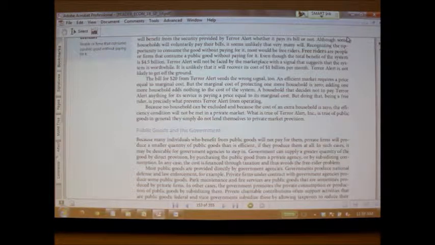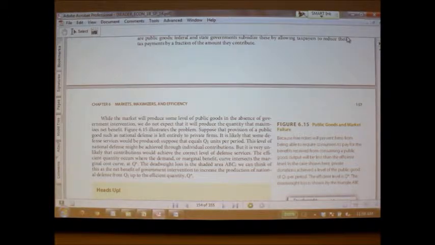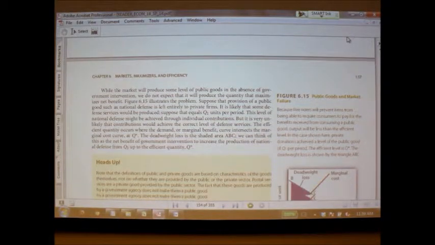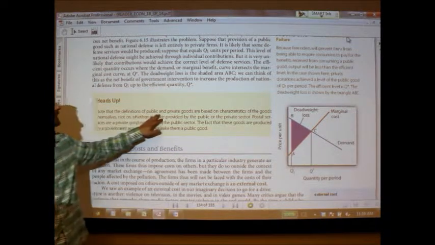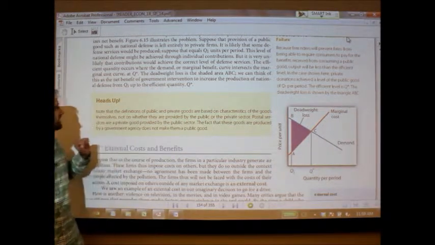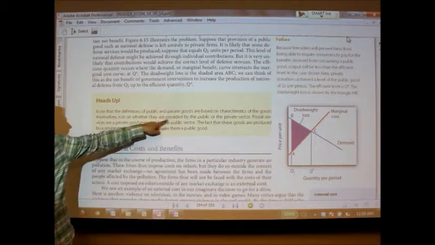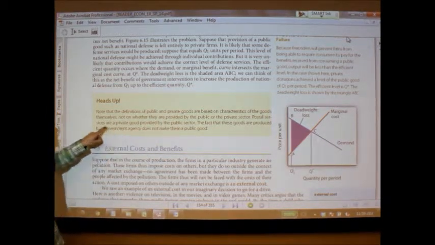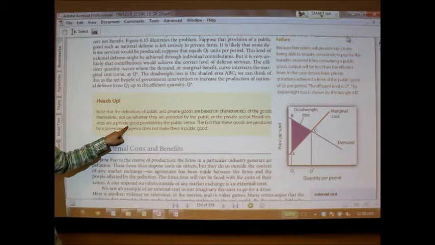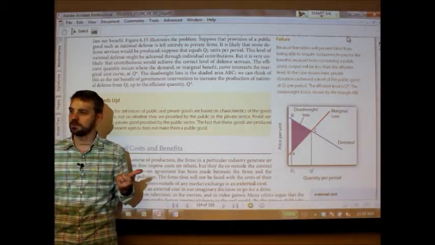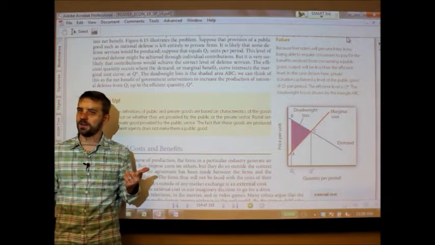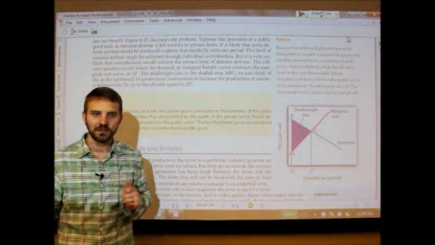Now it's important to keep in mind, and this is a heads up, in the textbook, the definition of public goods is based on the characteristics of the goods, not whether they're provided by the public or the private sector. For example, postal services are a private good. Private goods are excludable and rival. And so, is a postal service excludable?